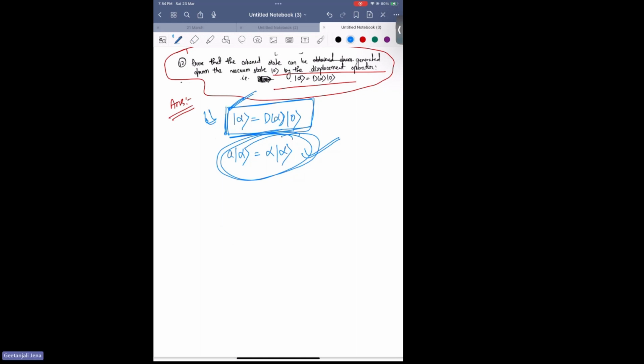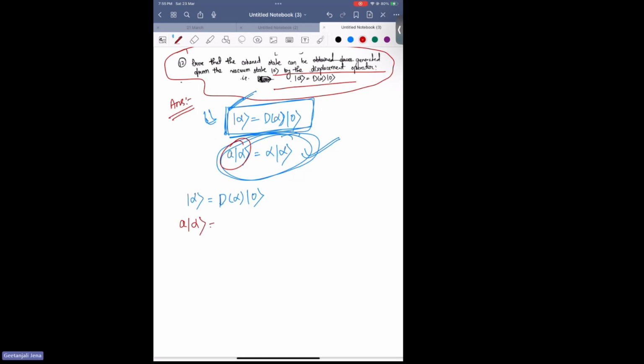That means we can generate the coherent state by acting the displacement operator on the vacuum state. So let us take |alpha> equal to D(alpha)|0> and check whether we are getting the coherent condition or not. Now let us check the left hand side, which is A|alpha>.